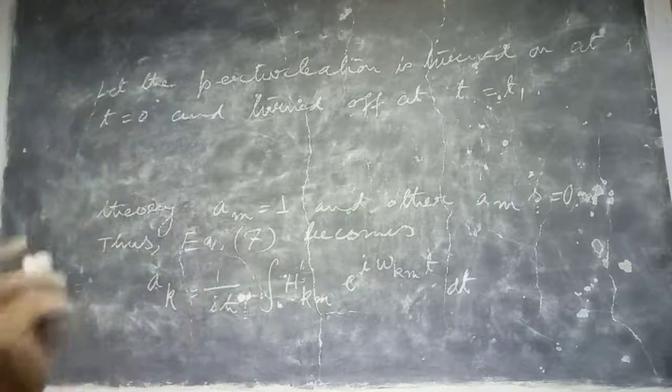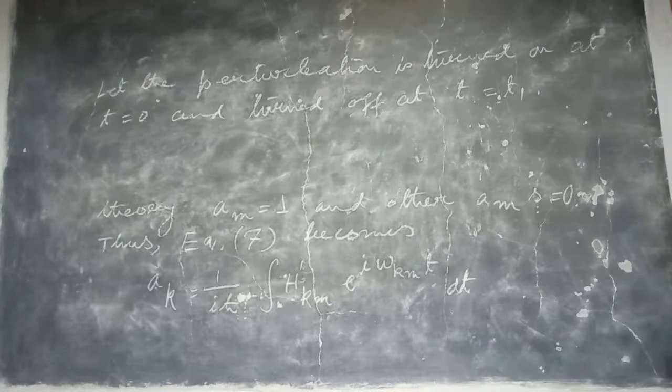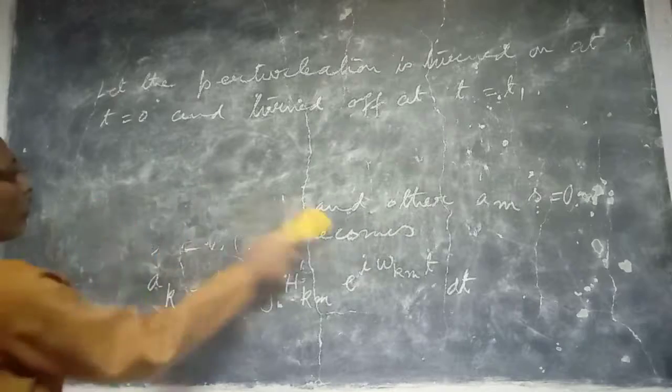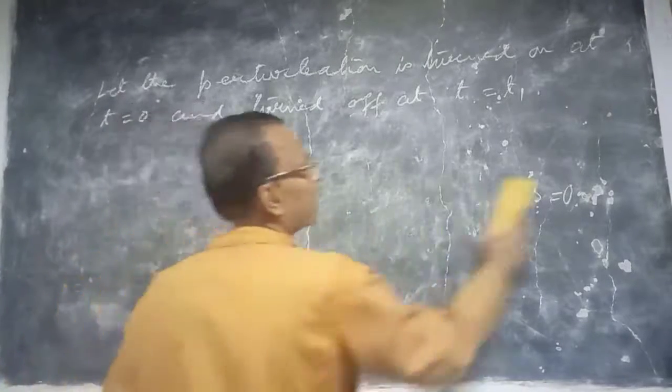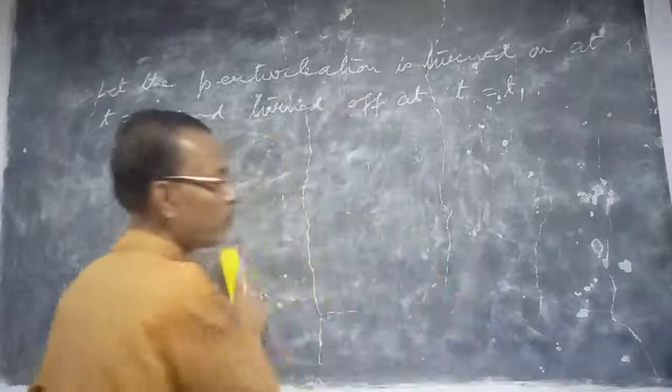In a small time interval 0 to t1, the perturbation is switched on and then switched off. Then to which state the unstable beta nuclei will go?